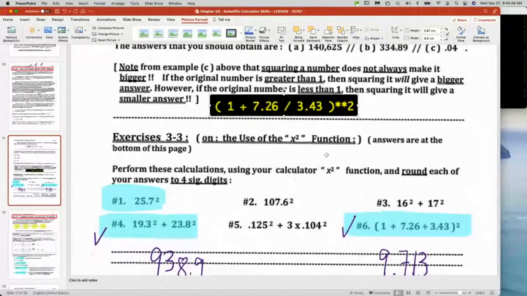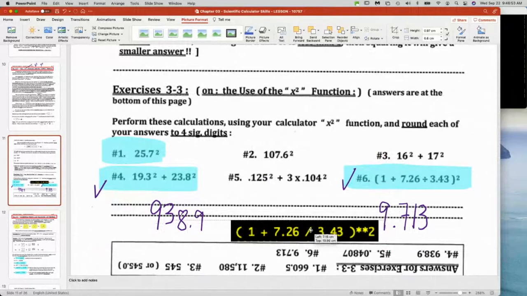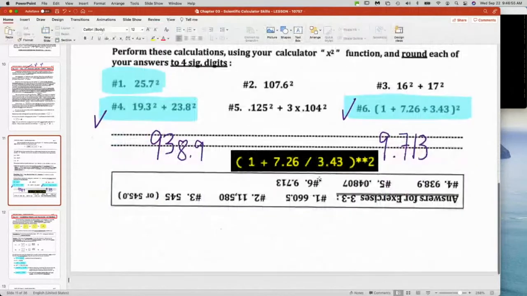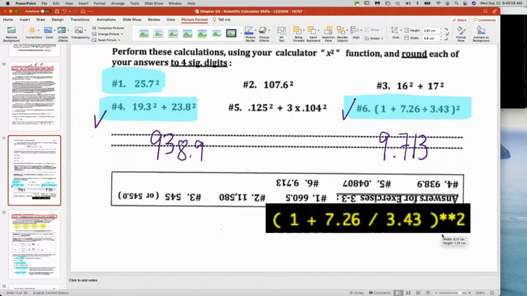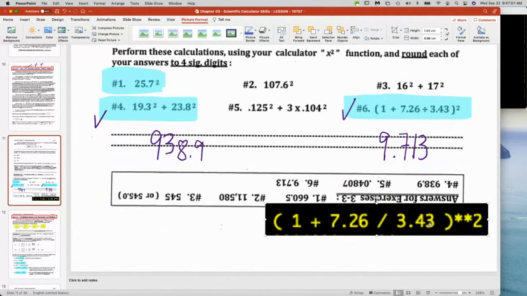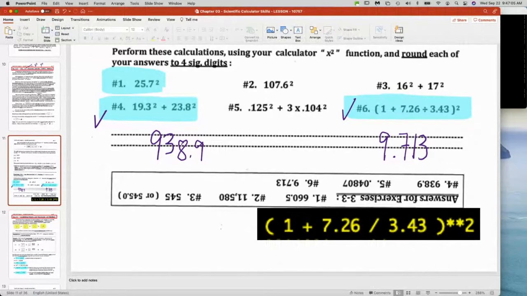But you know that my divide button and my square button are different than yours. What does your square button look like on your calculator? Is it a box? What does it look like? Is it a hat? How do you type squared on your calculator? Well, how do you type it? Do you have this symbol to do squared? It has the number 2.